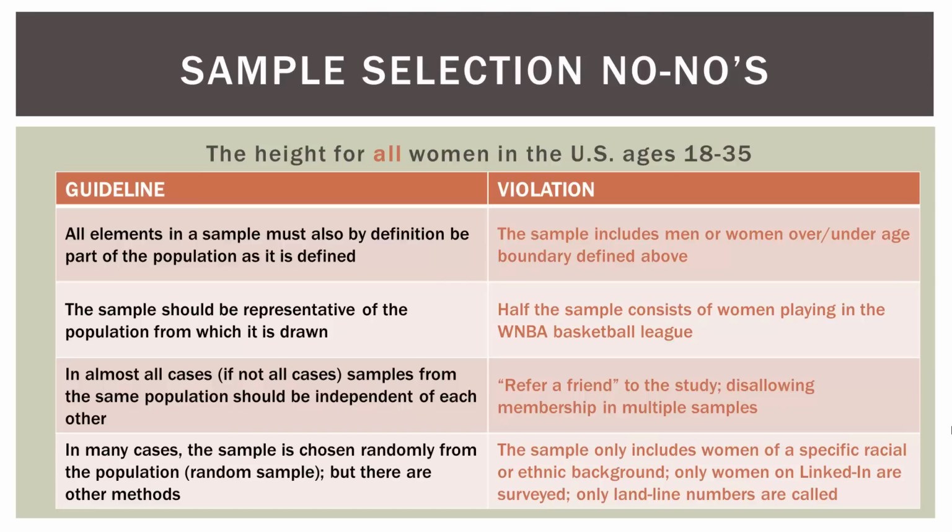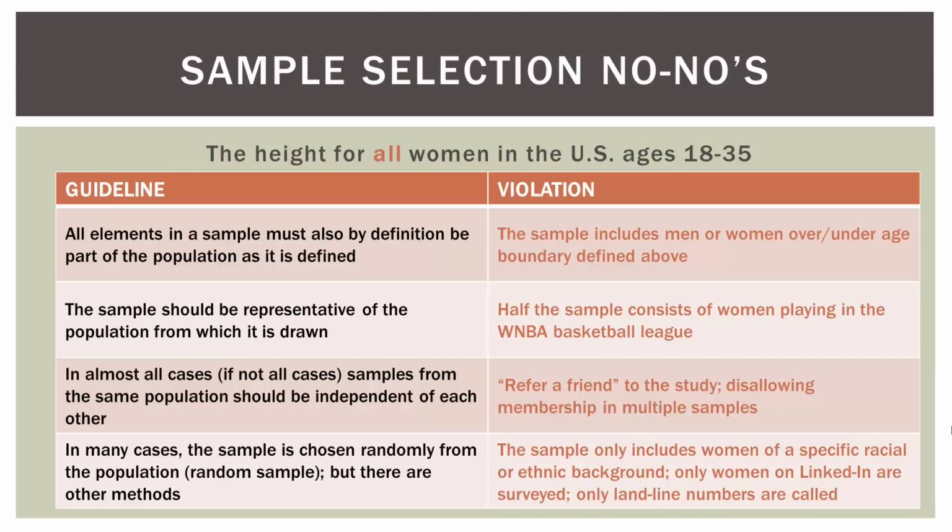Okay, and there are other ways. We could include women from another country. That would violate our population as it's defined at the top there. Look at the second guideline. The sample should be representative of the population from which it is drawn. Now, how can we violate that?